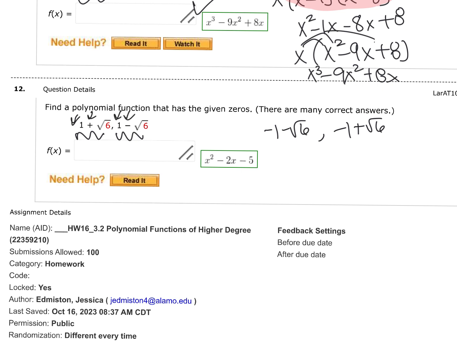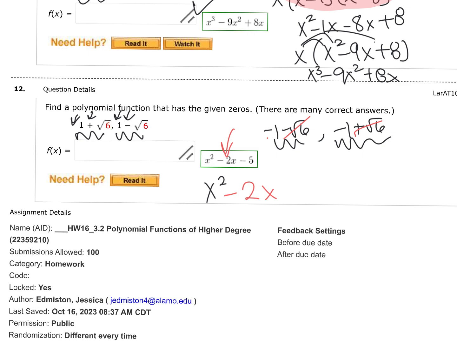Okay, now I'm going to have an x squared, and then if I try to multiply this out, basically I'm just adding these together and then I'm multiplying them as well. So when I add these together, naturally the square roots go away, and I'm just left with -1 plus -1, which is how we get the -2x right there.